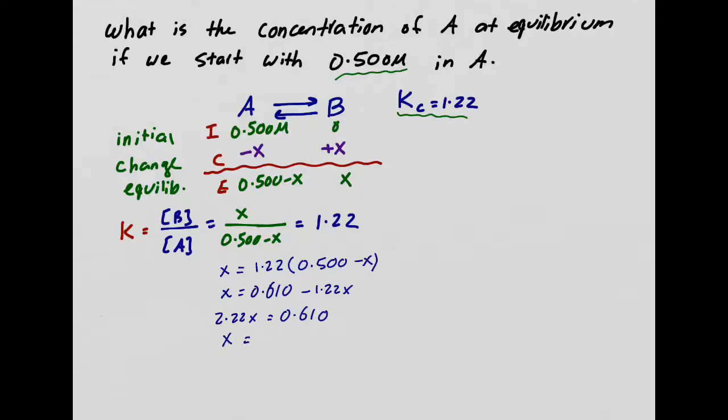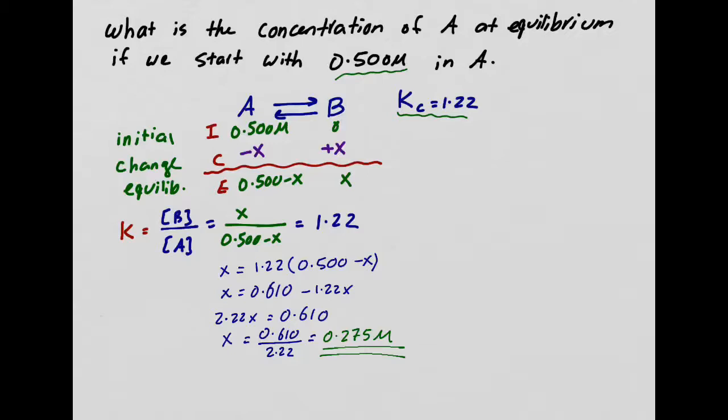And then x is going to be 0.610 over 2.22. And what I'm going to get for x is 0.275 molar, right? Those are all molarity. Okay, beautiful. So we got x.